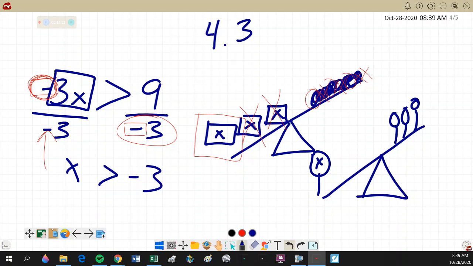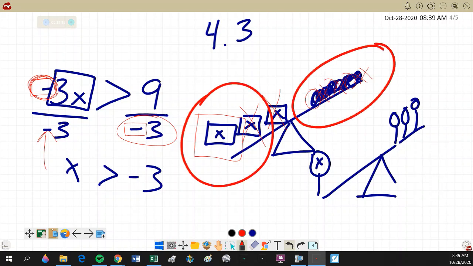Why is that picture wrong? Okay, good. Say it. Right. If 1x is heavier than 3 rocks, then when I switch it to balloons, the x pushing up is stronger than the rocks pushing up. So what happens? We have to switch the inequality.